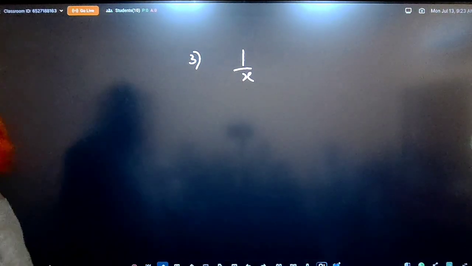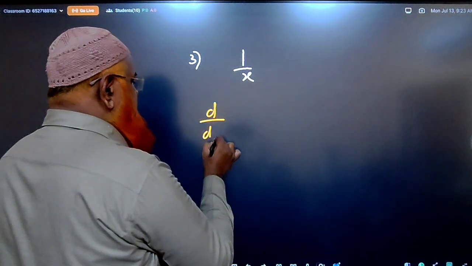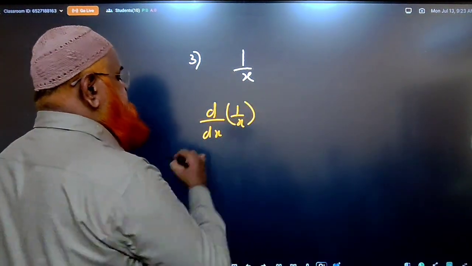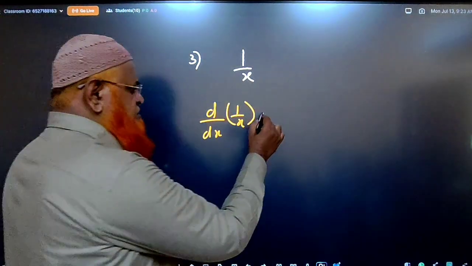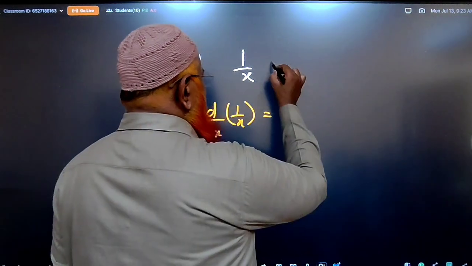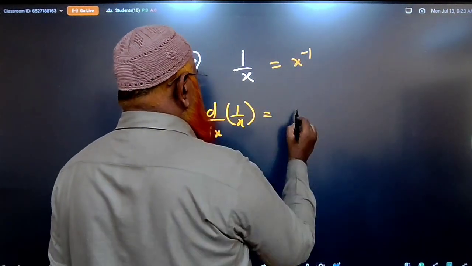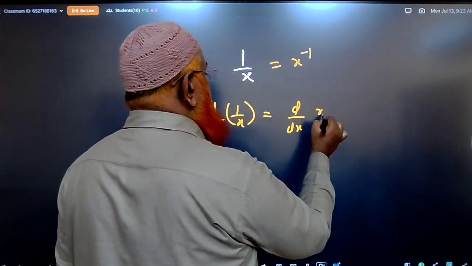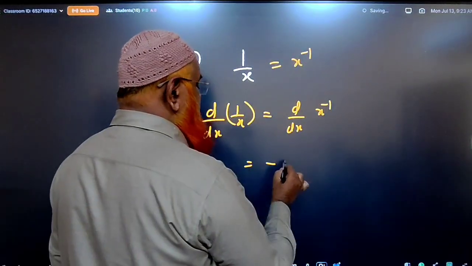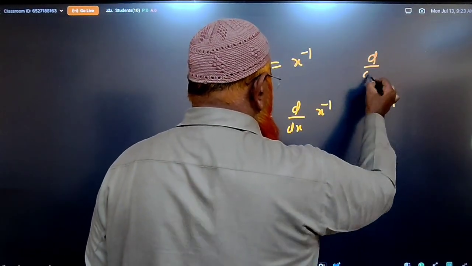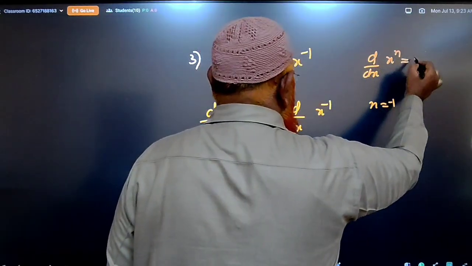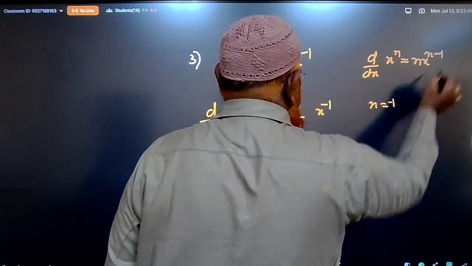Now, differentiation of what is this? d by dx of 1 by x. How much is it going to be? Yes. This you can write as x power of minus 1. So d by dx of x power of minus 1, this can be taken as minus x, because here n is taken as minus 1, and according to the formula, d by dx of x power n is n x power of n minus 1 here.